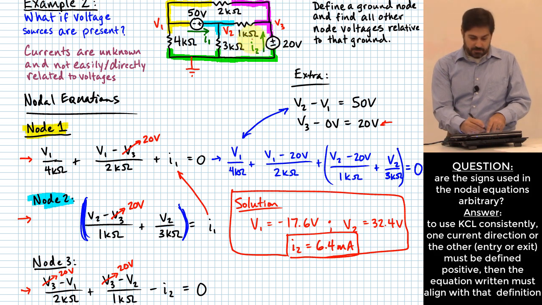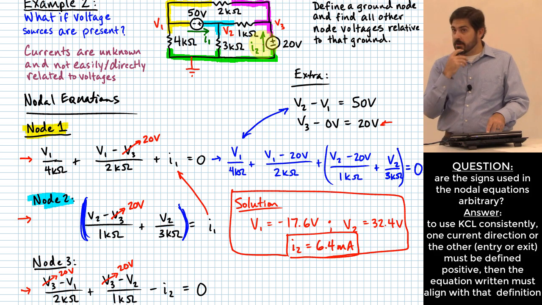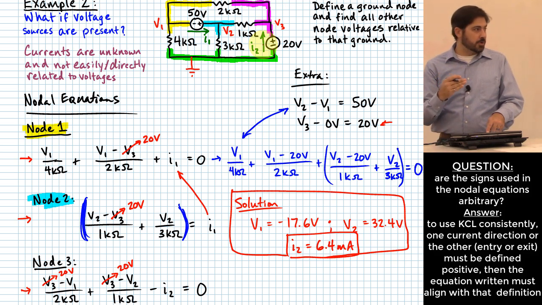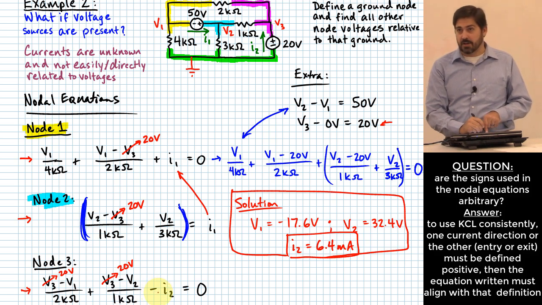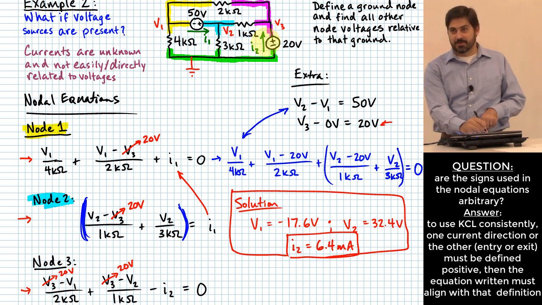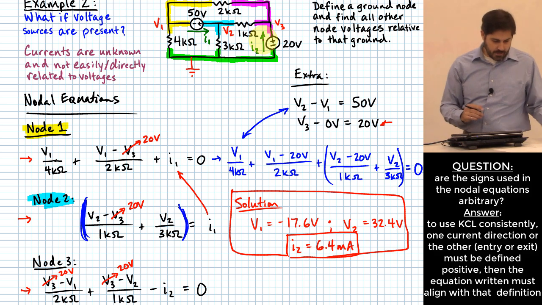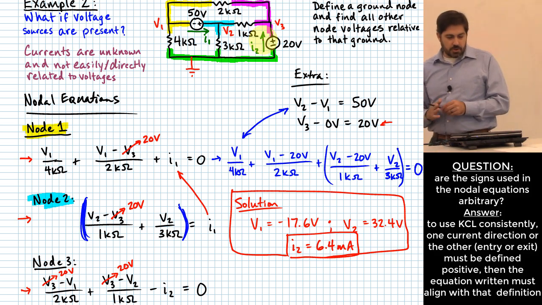Once I put I2 and show an arrow going the direction that I showed it, I have to be consistent with how I drew it on the figure. That's why I had to put that as a negative down there for I2. Now, it was arbitrary what direction I showed the arrow. But once I draw the arrow, it's not arbitrary what I put in the equation. Does that make sense? Okay. Good questions. Anything else?